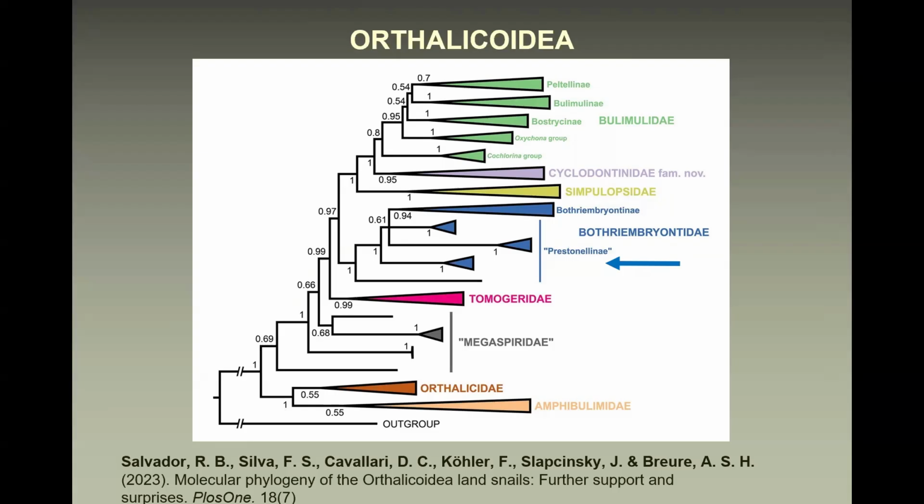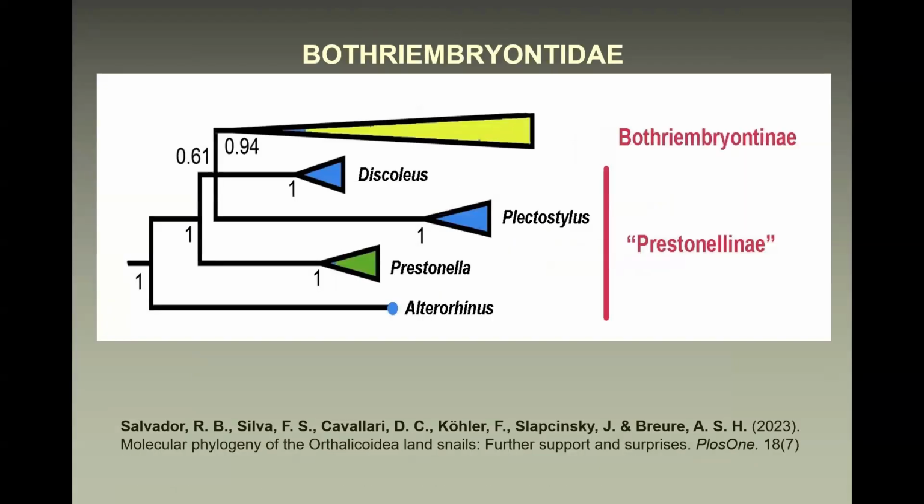And now we recognize the family Bothriembryontidae, and within the Bothriembryontidae we have the Bothriembryontinae from Australia and Melanesia, New Zealand, and so on. So that's Placostylus and Bothriembryon, and then a rather ill-defined cluster here, sort of a paraphyletic entity known as the Prestonellinae, composed of South American genera and Prestonella itself.